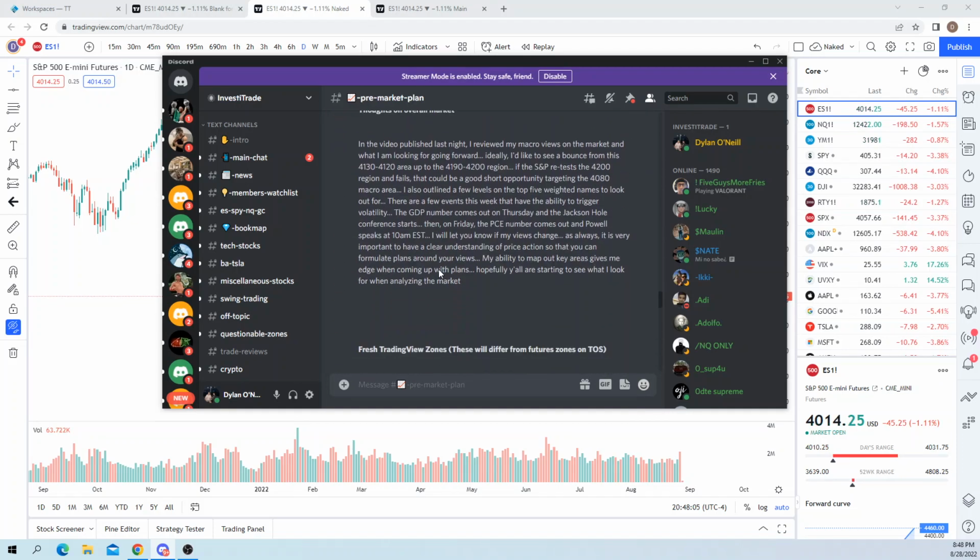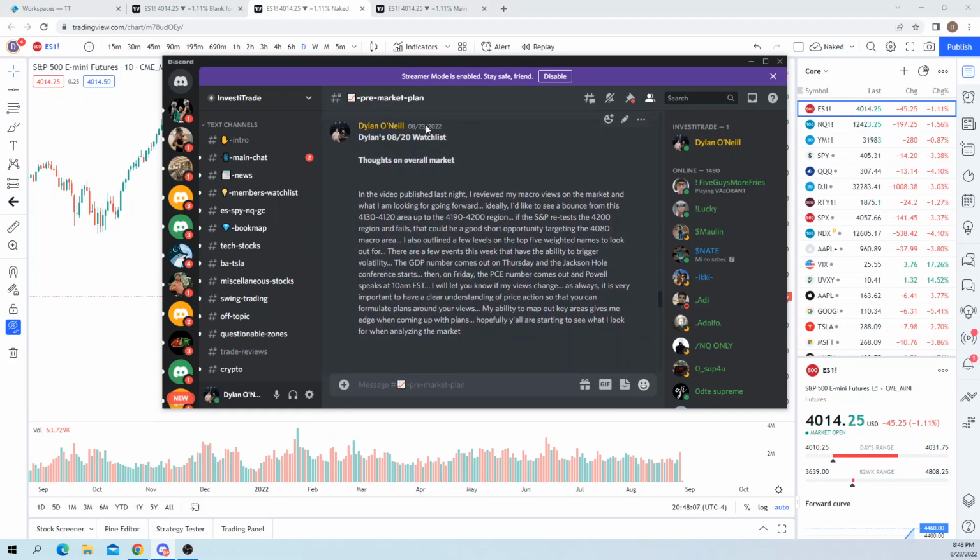Then you go to Tuesday, the 23rd, and I said, ideally, I'd like to see a bounce from this 41.30 to 41.20 area up to the 4,200 region. If the S&P retests the 4,200 region and fails, that could be a good short opportunity targeting the 4,080 macro support.